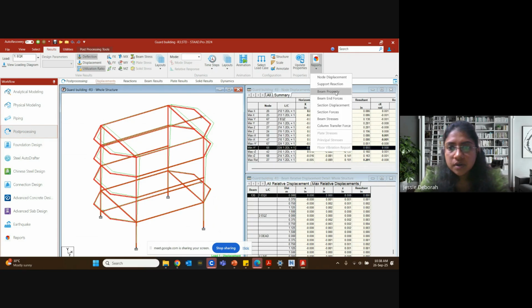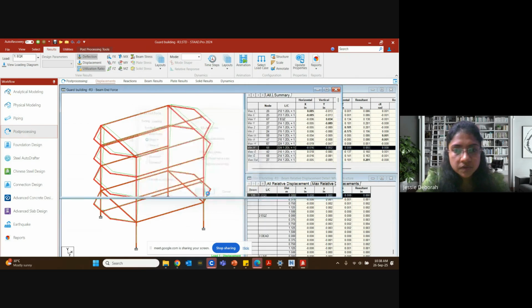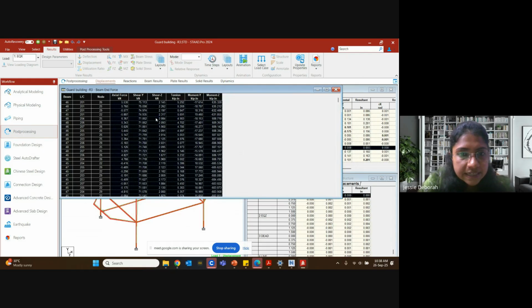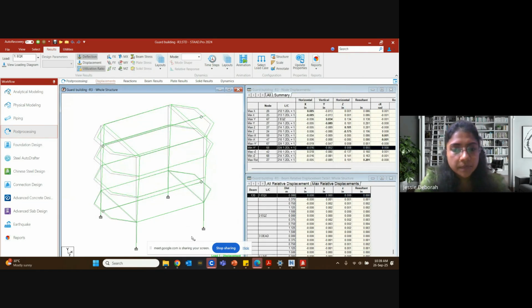Okay, so your beam end forces, shear. If you see, this will tell us where there is maximum beam end force. So based on this, you will arrive at where your displacement is high. The pathing is between this only in your Z area because you've taken that.